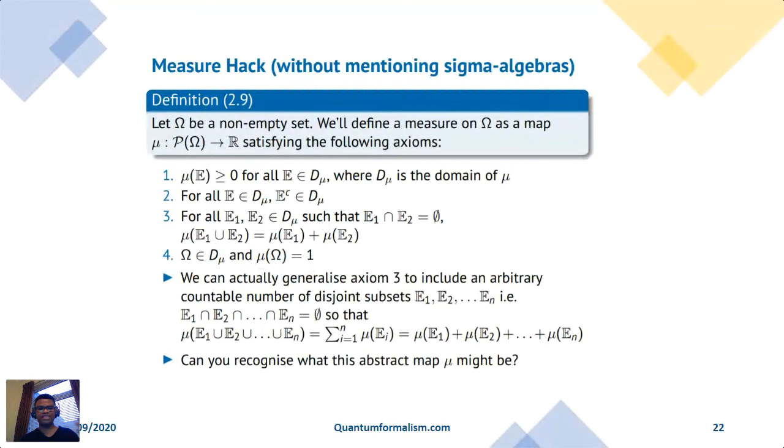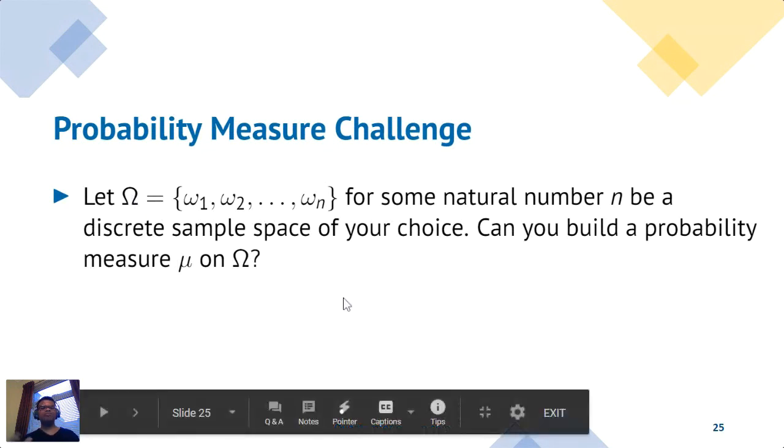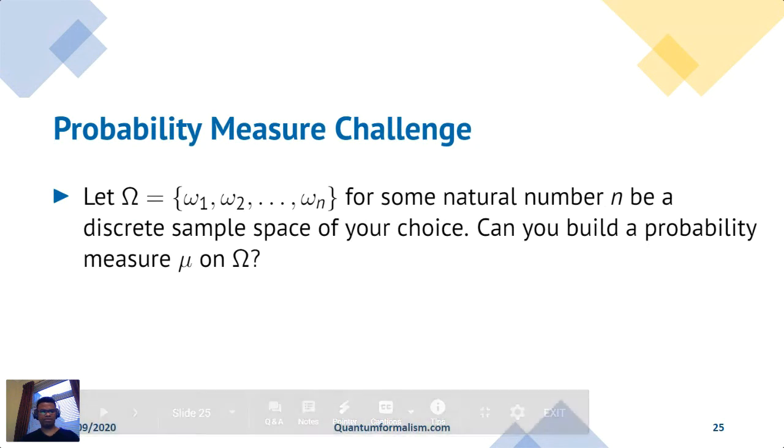Whatever way you decide to build mu, just go and tick the boxes. First you consider what the domain could be. In this case, you will want to first get the power set, and then see which part of the power set, based on how you build this discrete sample space, you want to build the mu for.